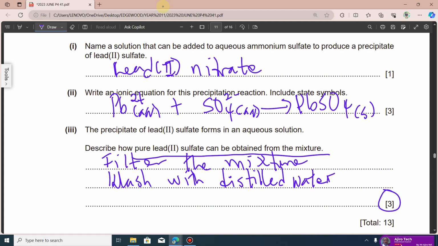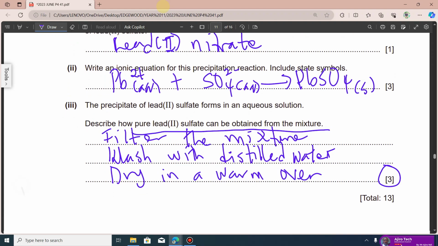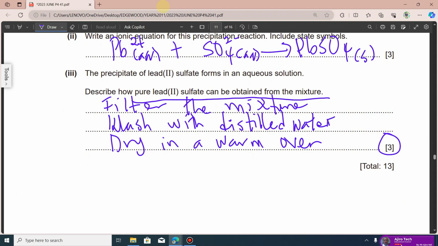And then the third mark will be to dry in a warm oven, or to dry between filter papers, as the case may be. So that will get you the full 3 marks.